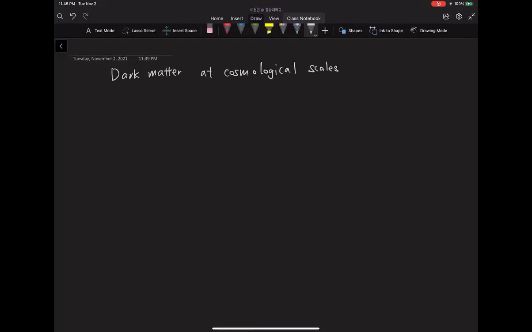And so we want to determine the dark matter abundance from the early universe. There are many candidates for dark matter in particle physics.